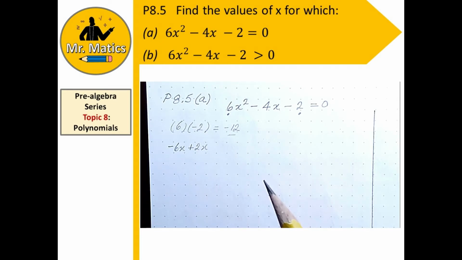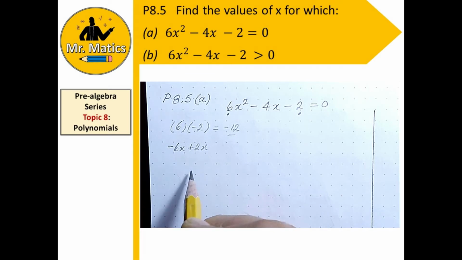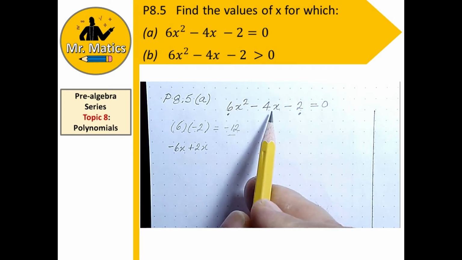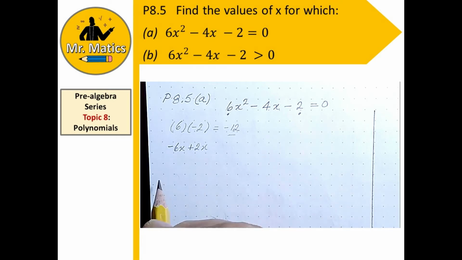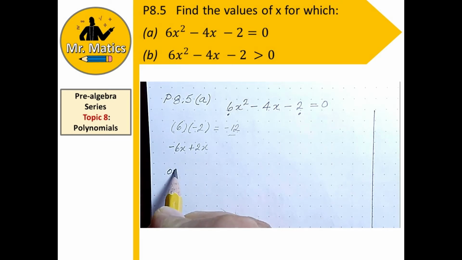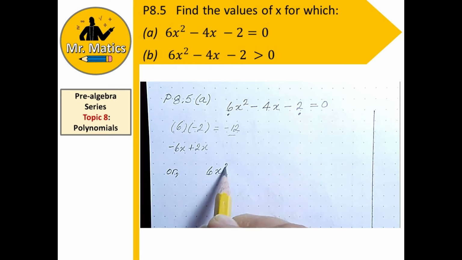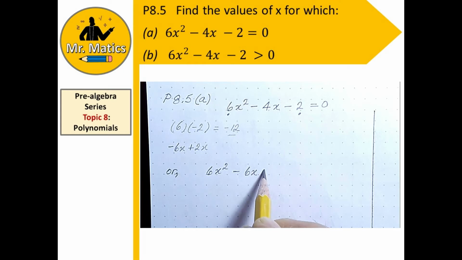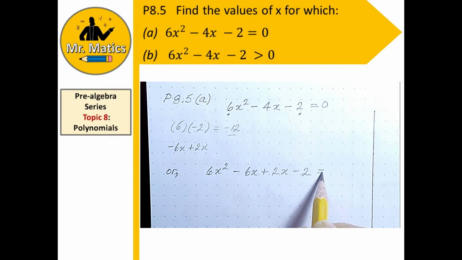The product is resulting in minus 12. So let's use that: 6x squared minus 6x plus 2x minus 2 equals 0.